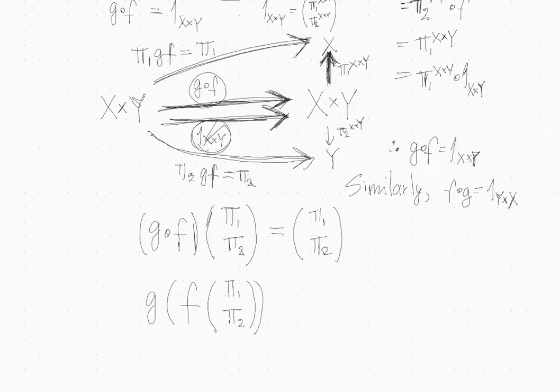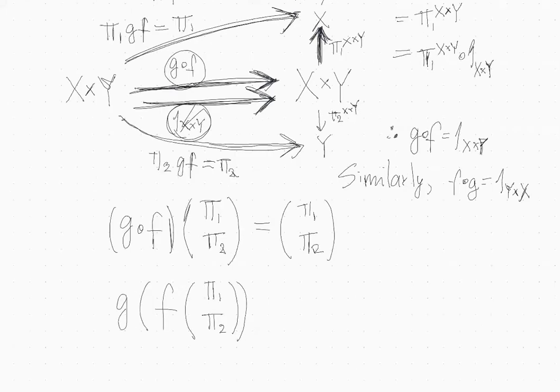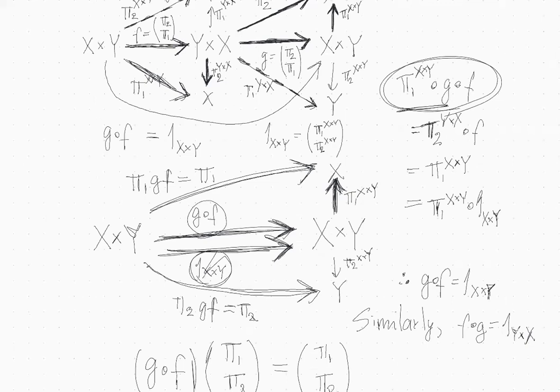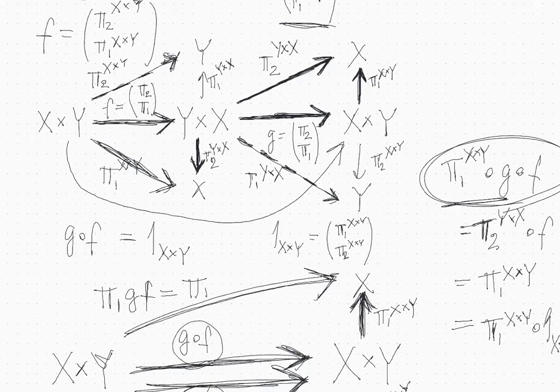Okay, so let's go back to the diagram. So, yes, you want to ask something? Yeah, f of pi1, pi2 is pi2, pi1. Yeah, that's a very correct guess. Let's try to see why that is so.